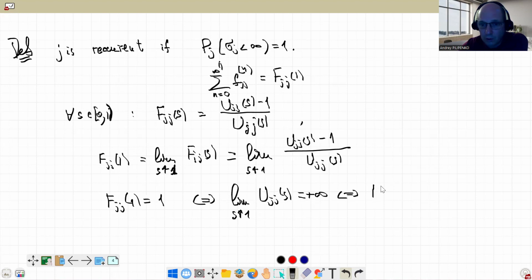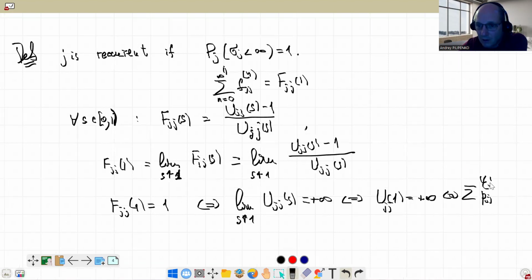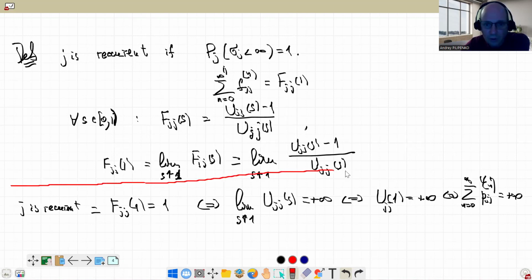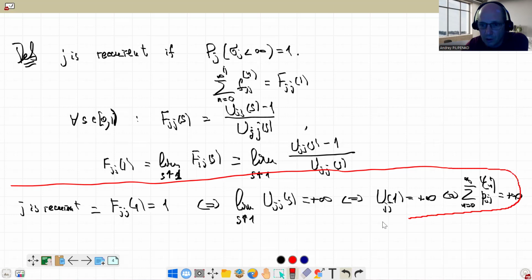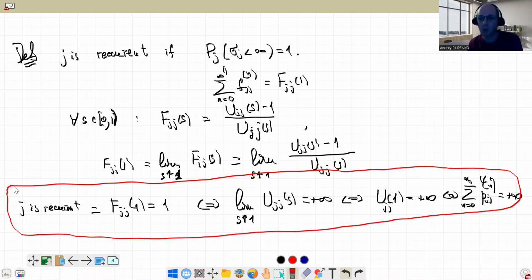Or u of 1 is infinity, or the series, ujj of 1 is the series of pjjn, is divergent. And j is recurrent. So we proved the well-known criterion of recurrency using generating functions.